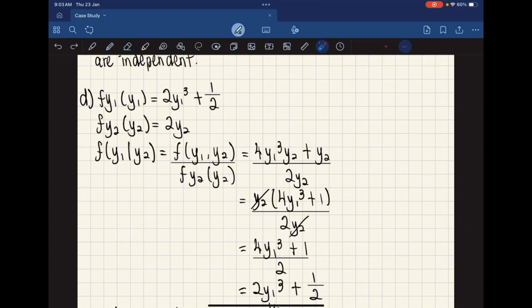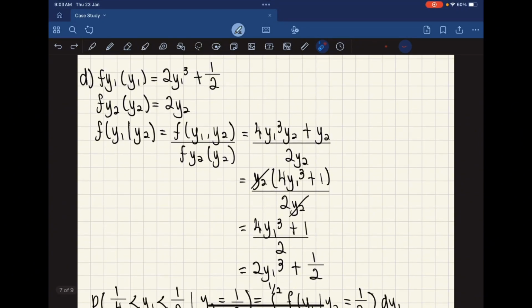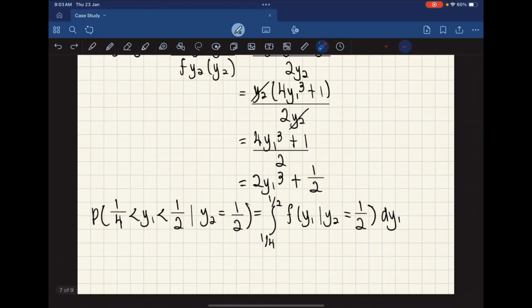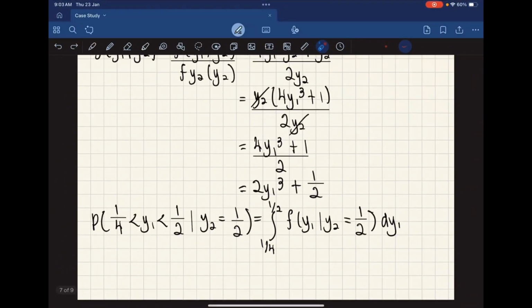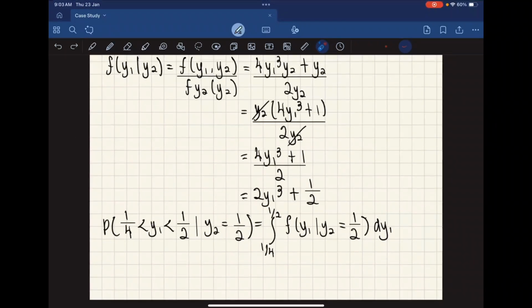So we just need to find f y1 given y2, which is f y1 y2 over fy2 y2 equal to 4 y1 cube y2 plus y2 over 2y2, and then we get 2y1 cube plus 1 over 2.